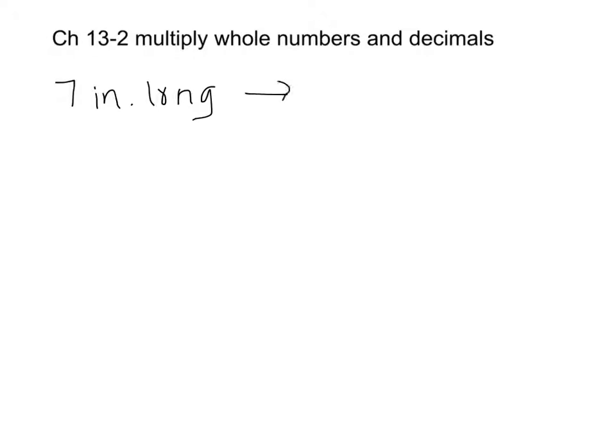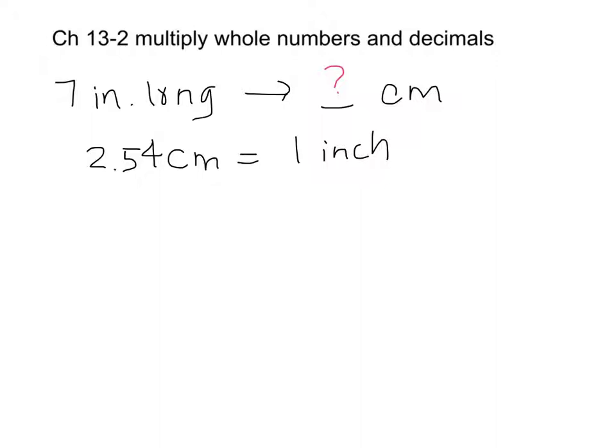So we want to know how much it is in centimeters, but we don't know that. Because right now it's currently in what? Inches. There are 2.54 centimeters equal to 1 inch. What is the length of the bracelet in centimeters?